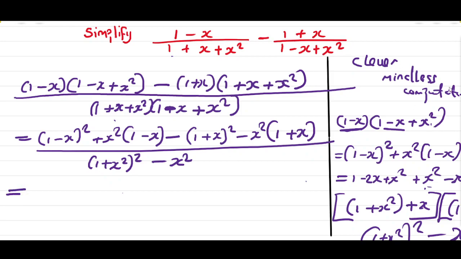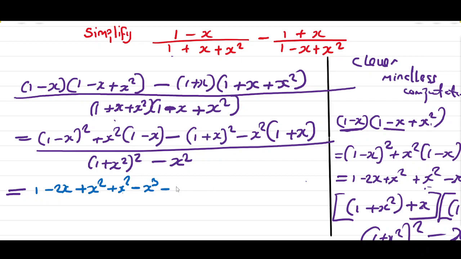This will equal, next, this is 1 minus 2x, then plus x squared. Then this will be plus x squared minus x to the third power. Again, this is negative. We have to simplify. This is 1 plus 2x plus x squared.